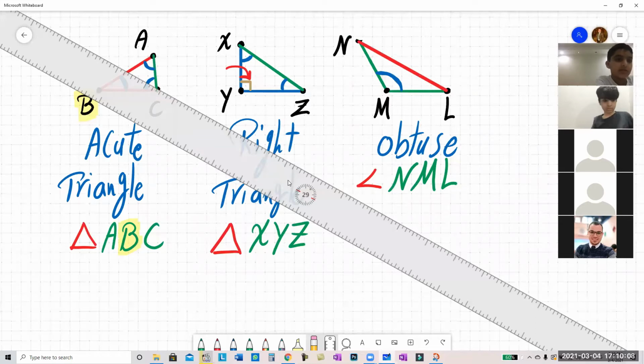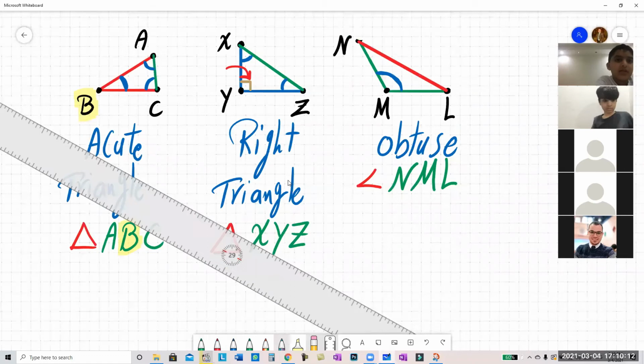So as you see here, we have a triangle, and this triangle has two acute angles, and we have just one obtuse angle. So if you have just one obtuse angle, it will be obtuse triangle.